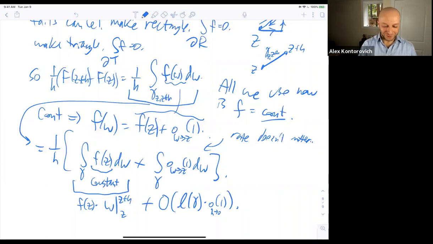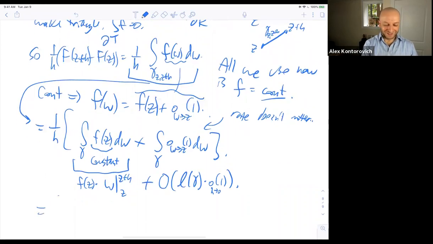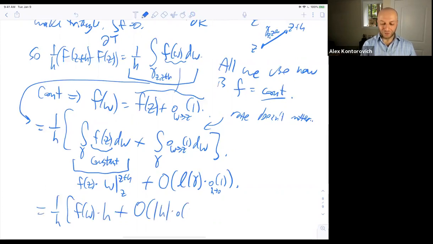And now hopefully you see the end. We get a 1 over h. There's a constant f of z. Of course, this will be z plus h minus z, also known as h. And then this is big O. What's the length? The length is h. And little o of 1.